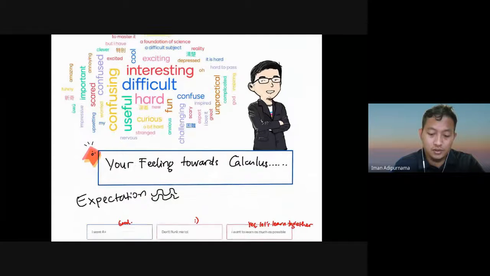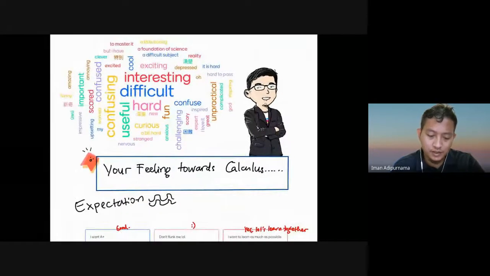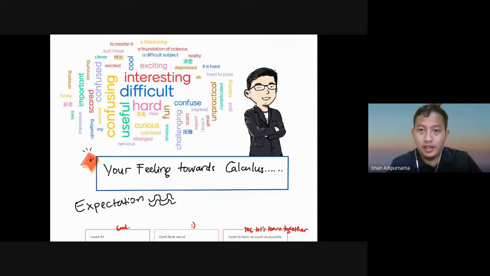This is actually interesting. Some are positive feedback, some are negative feedback. I think calculus has already been seen as such a difficult subject, right? When you hear someone say, oh, mathematics seems not enjoyable, I think it's part of the culture.